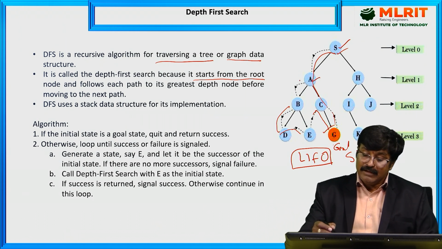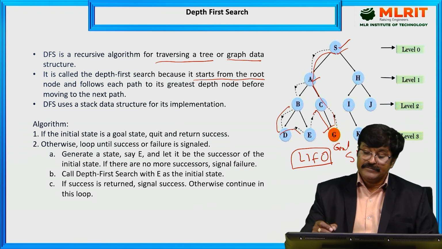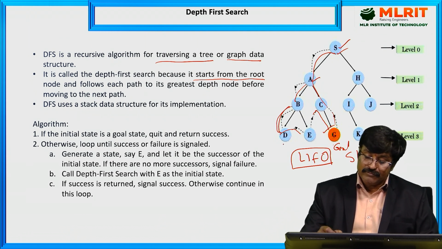Then it checks whether it is the goal or not, otherwise it evaluates the child and successor nodes. Then it comes to node B and compares it, then goes deeper; when there are no further nodes at that depth, it is exhausted, and it comes back to the parent node and moves to the next child.